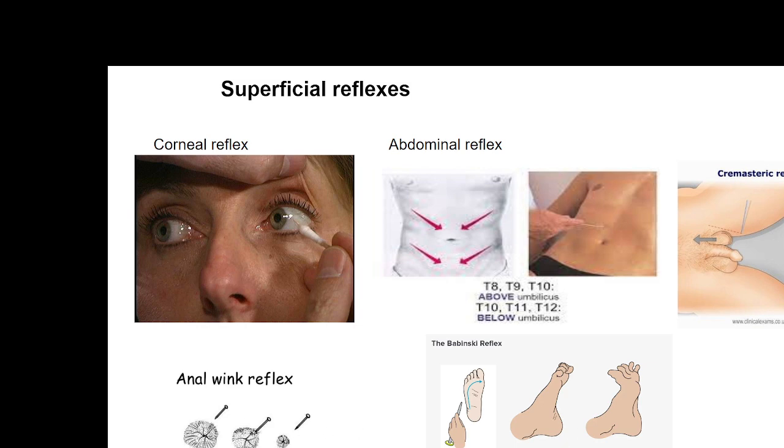Or it could be even the plantar reflexes, very commonly observed, also called the Babinski reflex. When you touch the plantar surface and scratch from the posterior side to the upper side, there would be a normal plantar flexion of the toes. The toes will be plantar flexed, which is common in normal.